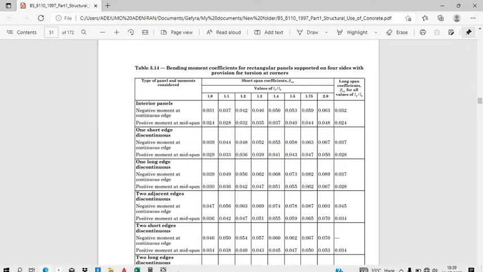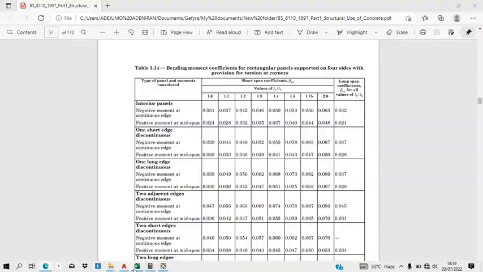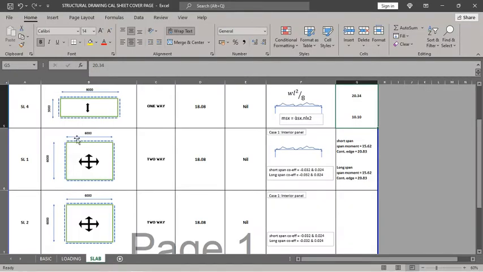Now in this panel also, you will notice that both dimensions on the panel are the same, 6 meters, 6 meters. So in this case, there's no clear distinction between which one is the short panel and which one is the long panel.